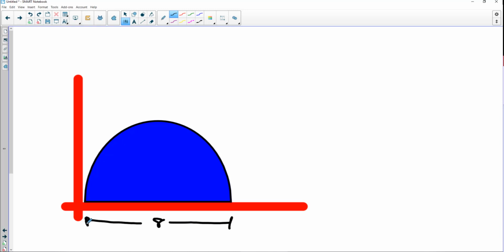That's really the only dimension that you need, because if the base is 8, then the radius of our circle is 4.